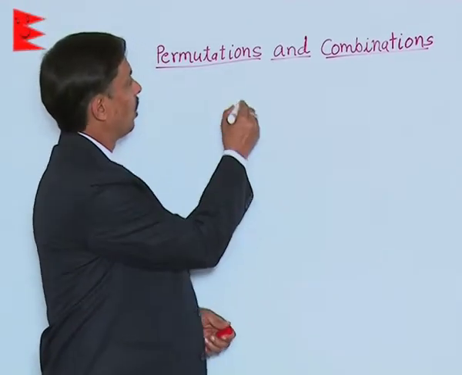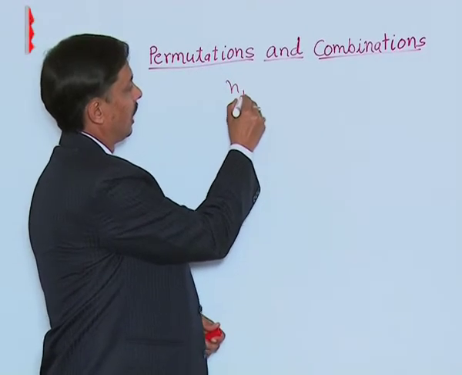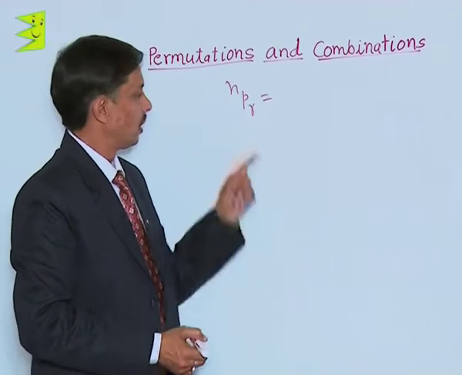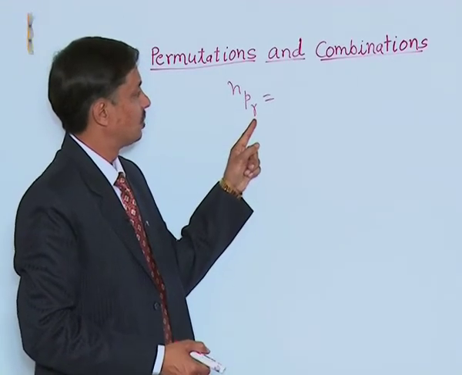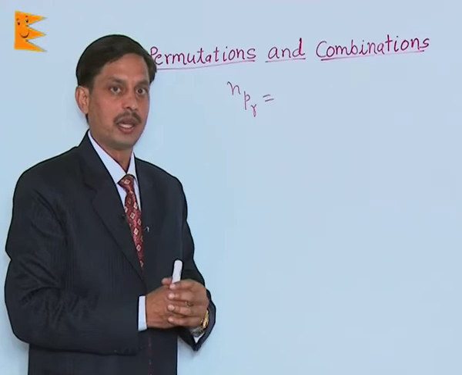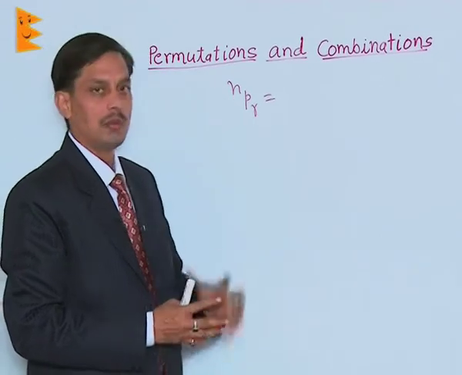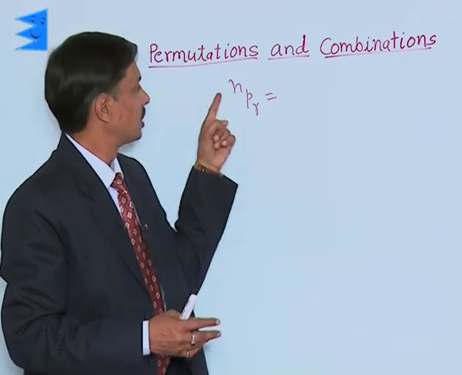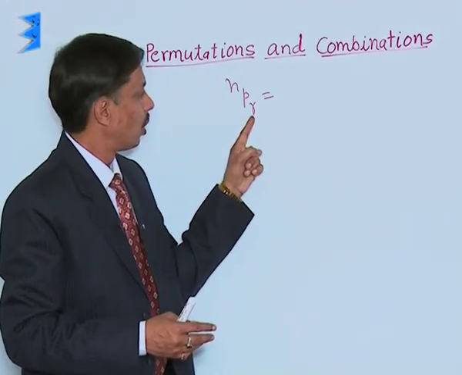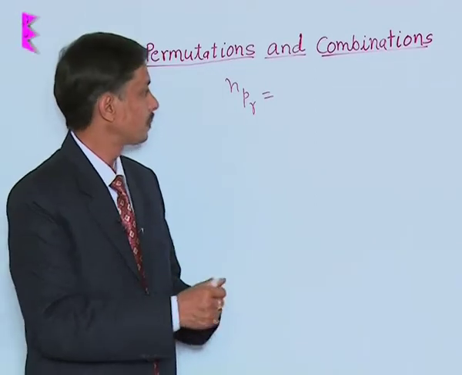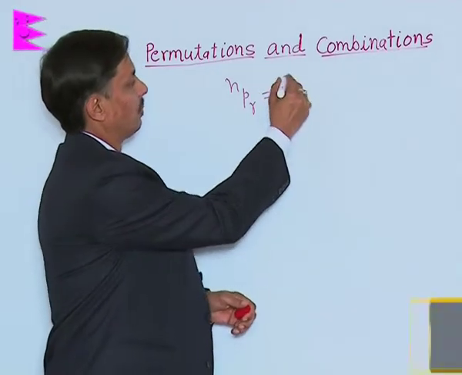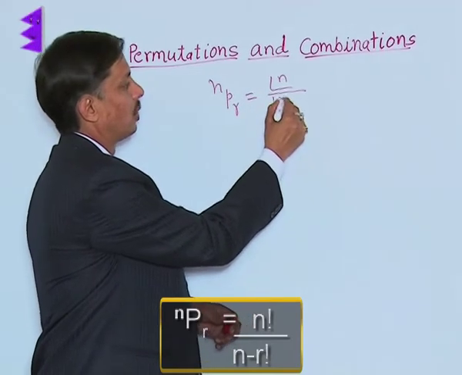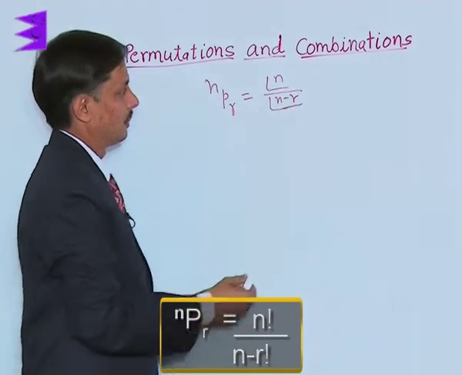So the formula of the permutation, that is nPr, means that if r objects are taken at a time, and the available number of items is n, then obviously n should be greater than or equal to r. The result is given by factorial n upon factorial n minus r.